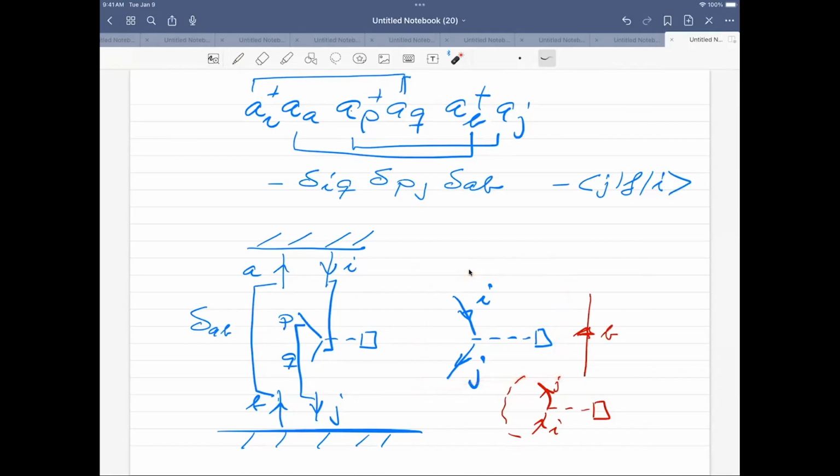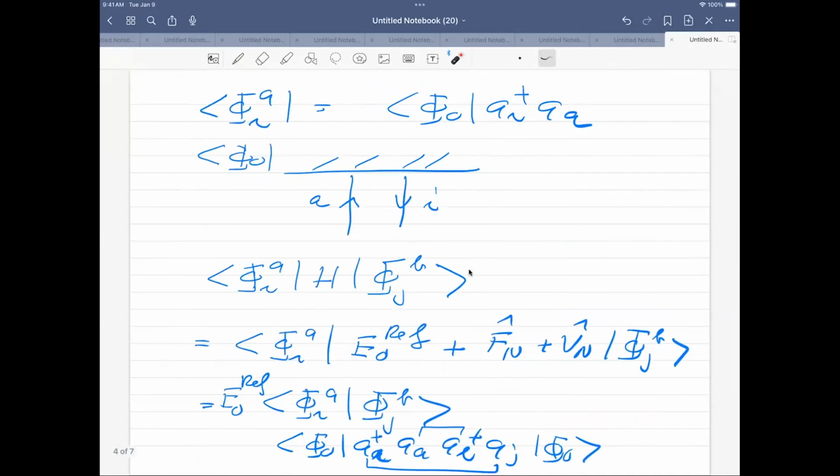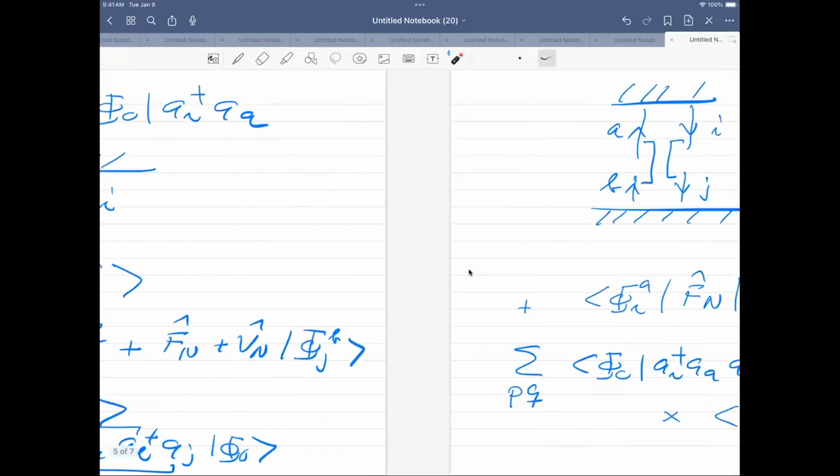So that would be a contribution to the energy, or this specific transition matrix element which we are looking at. The next thing we need to look at, if we go back to the original expressions, is that we took f of n, but we also have the term with v of n. The first term here just gives us two Kronecker deltas, and if I and J are different and A and B are different, that means this reference energy term will not be present in this specific expectation value or transition probability we are looking at.